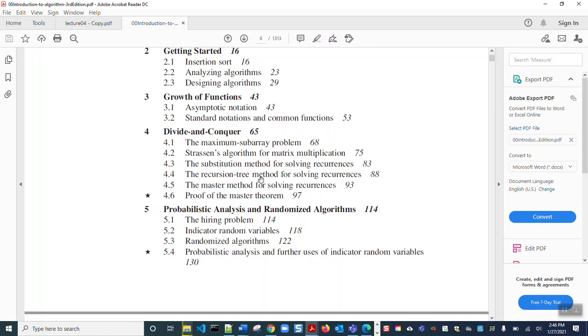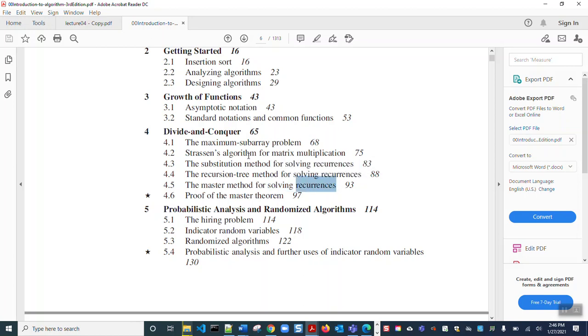We will focus briefly in this lecture on how to solve recurrences in multiple ways, and at the end you will see the master theorem is a popular way, one of the best ways currently to solve recurrences.